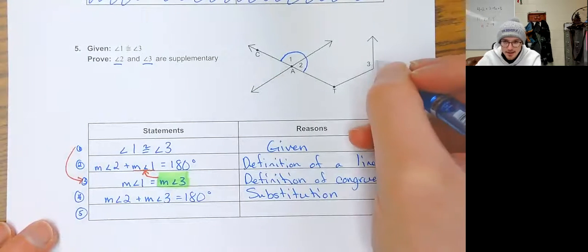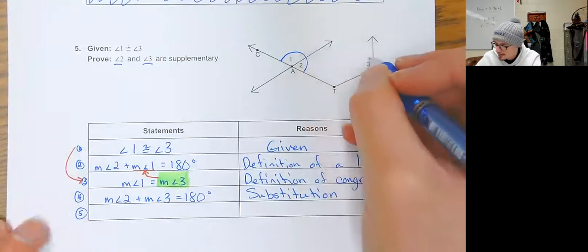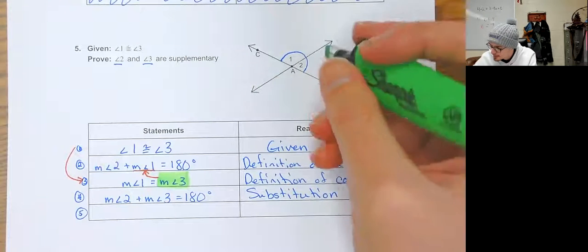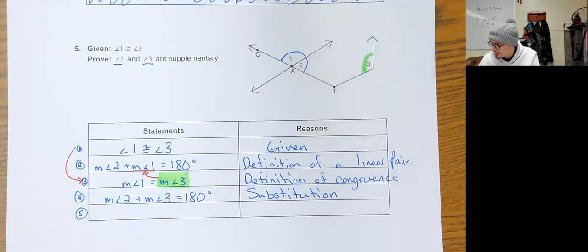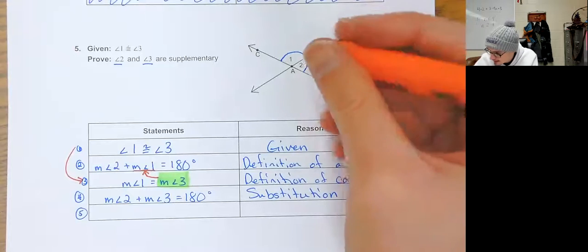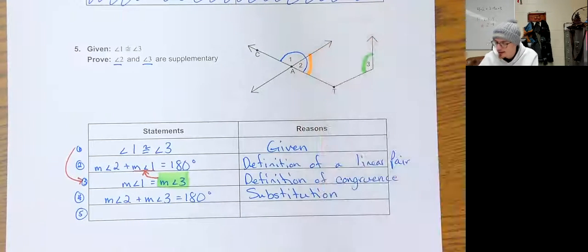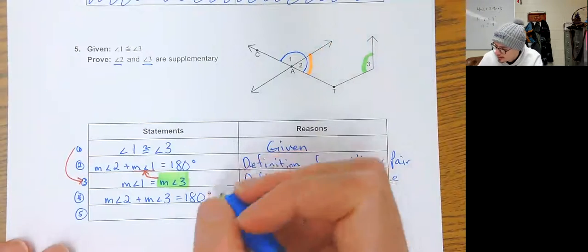Well, these are obviously not a linear pair, right? This angle, measure of angle 3, and this angle are obviously not a linear pair. So them adding to 180 doesn't say that they're a linear pair. But it does say that they're supplementary, right? The definition of supplementary is that two angles add to 180 degrees.